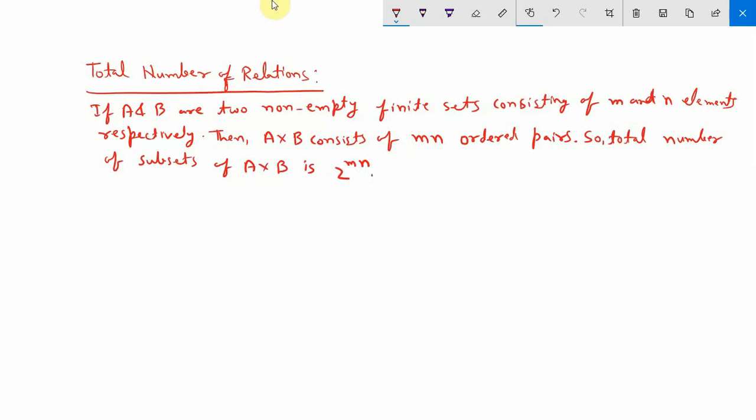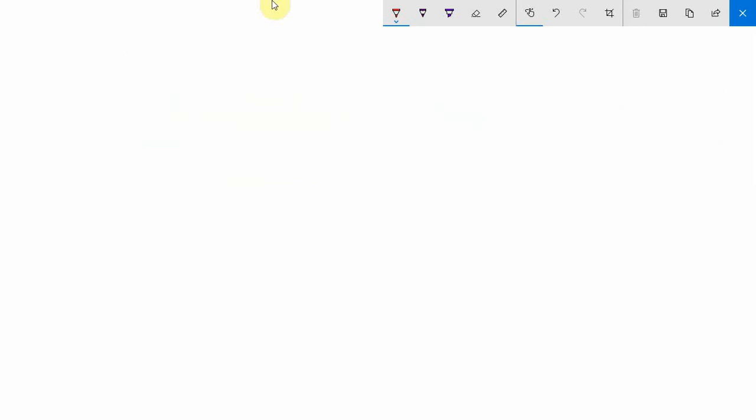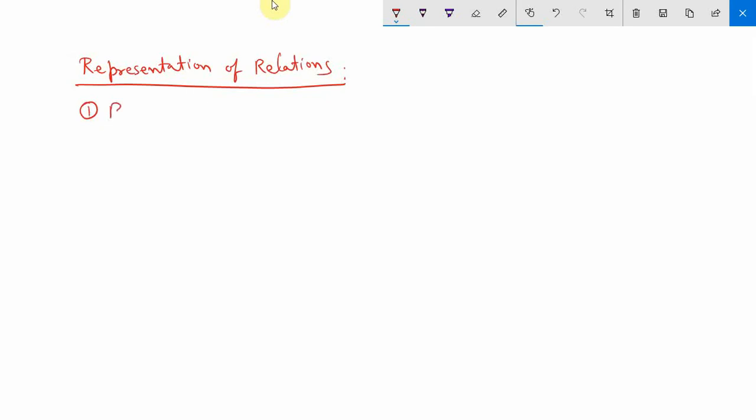Next we will see representation of a relation, the different forms of representation of a relation. So let me clean this. Okay, so the first one is roster form, as we have seen in sets.